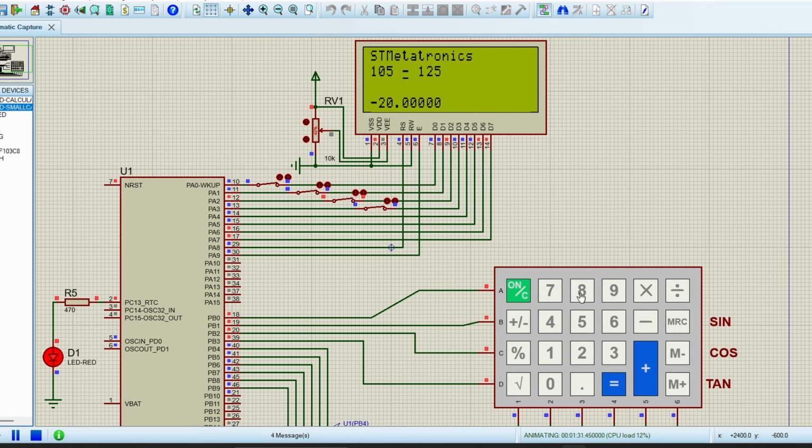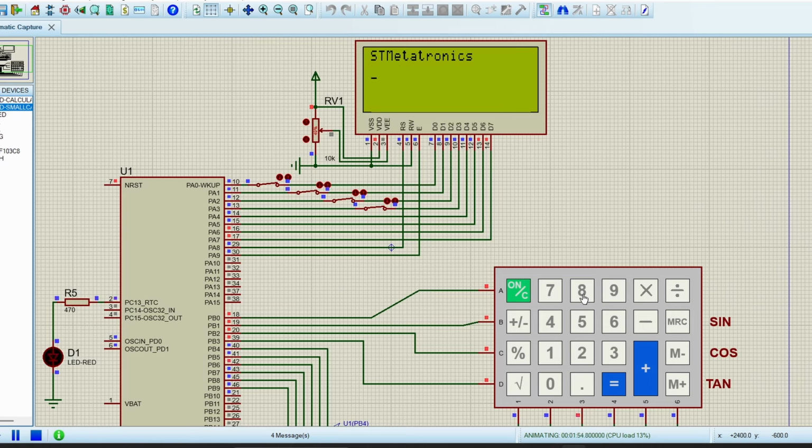Now we will test the multiply functionality. We multiply 8 into 5, and we get 40 as a result. Now we do a divide operation to get a floating point result, so we divide an even number by an odd value.